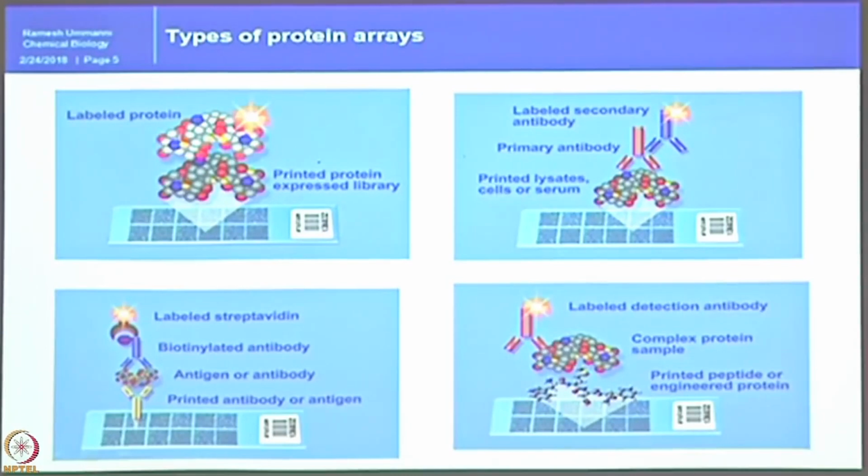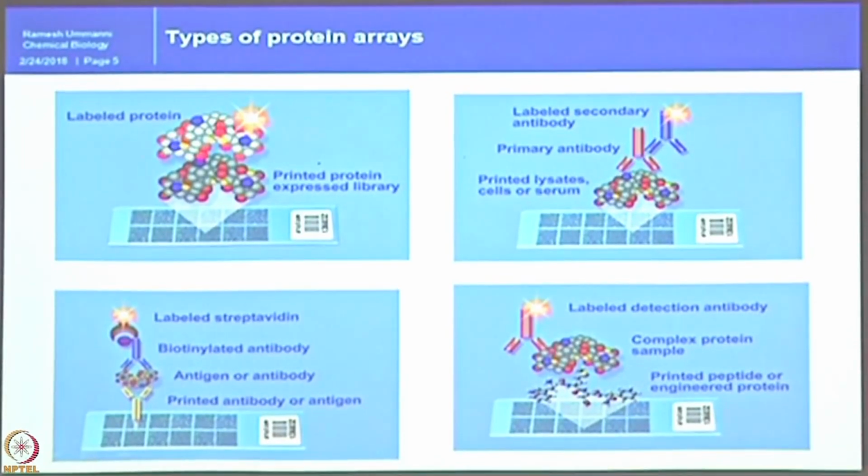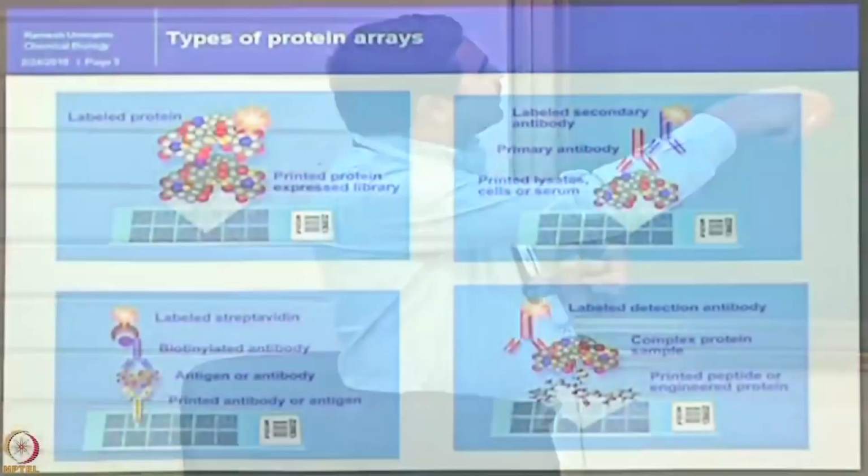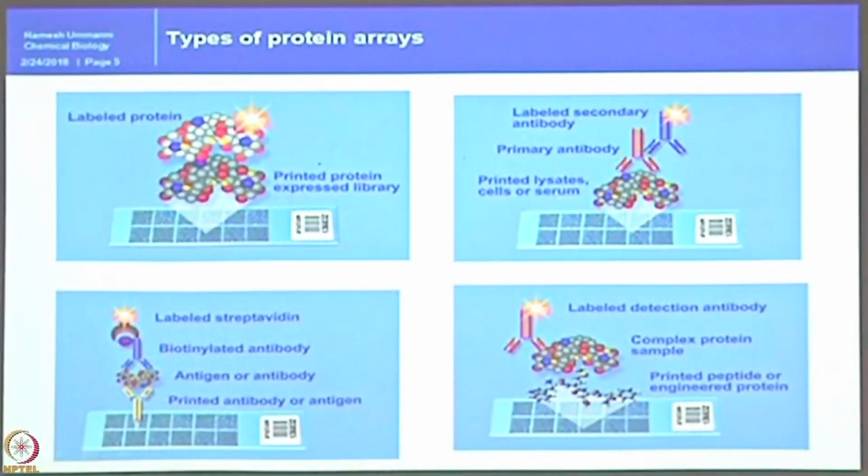The second approach is again a glass slide, as we all talk about glass slides today, printed with an antibody, or of course an antigen, but in this case an antibody. Then add the lysate, which is a pool of all the proteins expressed by the proteome. The antigens specific to the antibody are captured by the capture antibody.